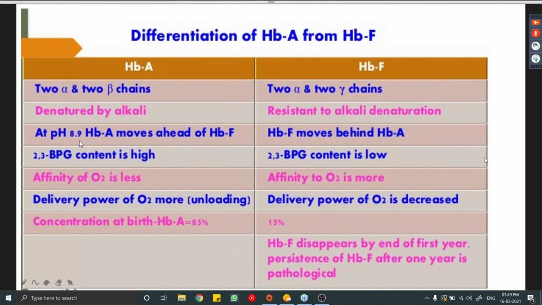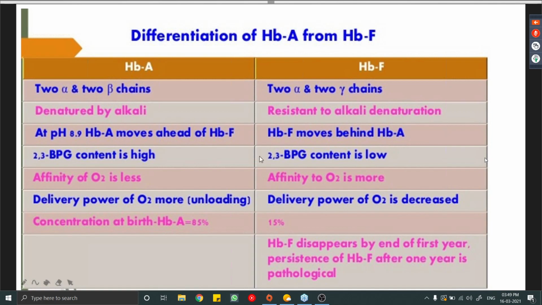In electrophoresis at pH 8.9, HbA moves ahead of HbF. I will show you the electrophoresis of hemoglobin in the next class. So HbF moves behind HbA.